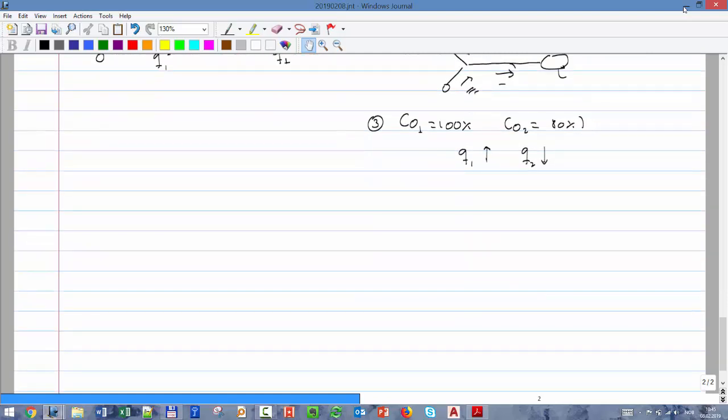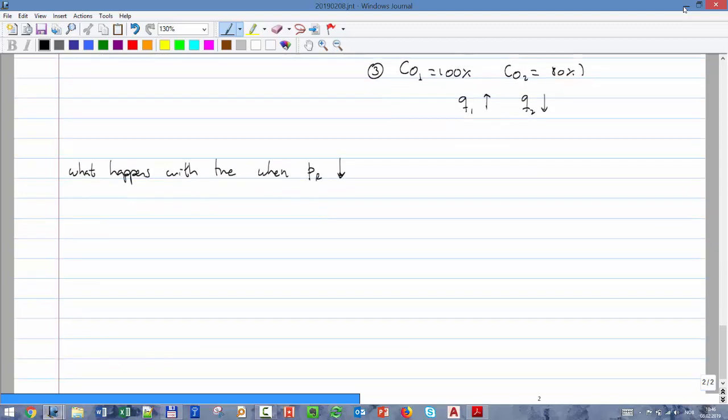Now let's take it one more step, before we go to downhole networks. What happens with time? With time, when reservoir pressure is going down, what do you think happens with that area?